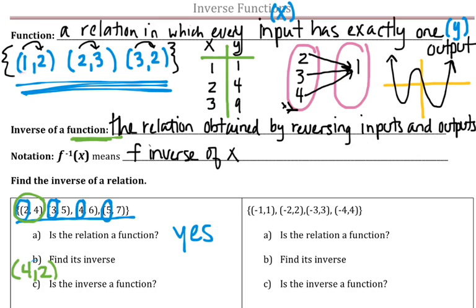Instead of 3, 5, it's going to be 5, 3. Instead of 4, 6, it's going to be 6, 4. And by now, you are intelligent human beings, and you kind of get the drift. 5, 7 is now 7, 5. So this is what we're going to do on all 4 of these in the boxes.